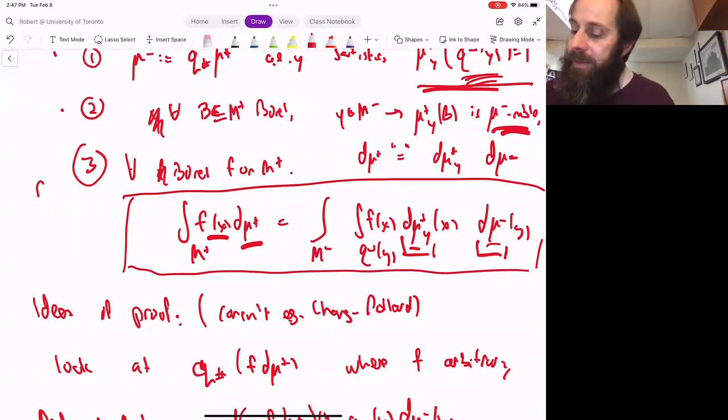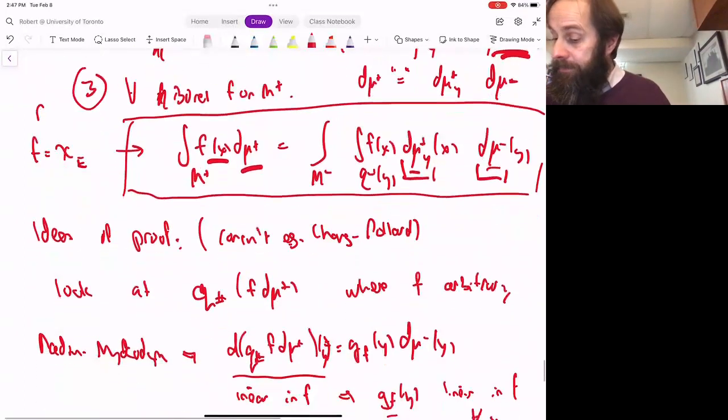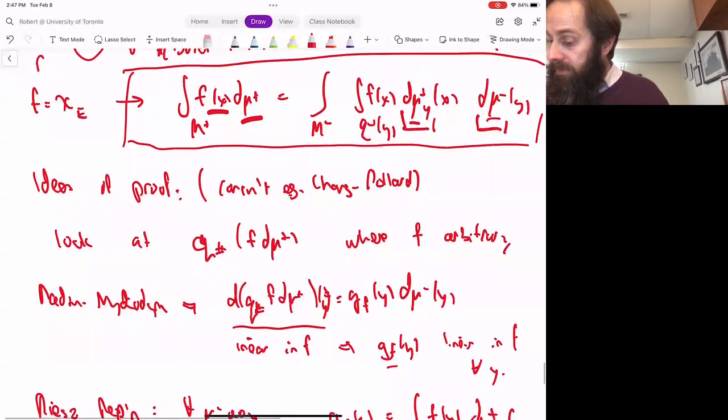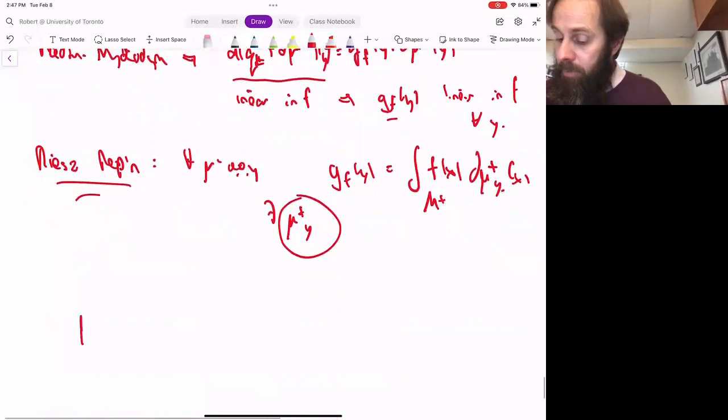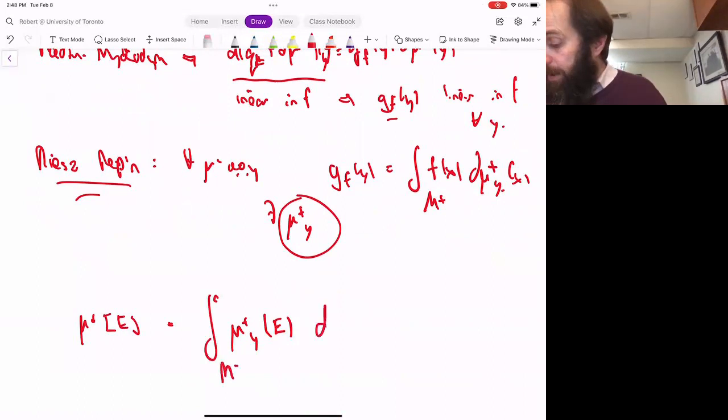And of course, this simplifies a little bit if I take f to be a characteristic function of a set. Then it would say something like mu plus of E can be written as mu plus Y of E integrated with respect to mu minus.